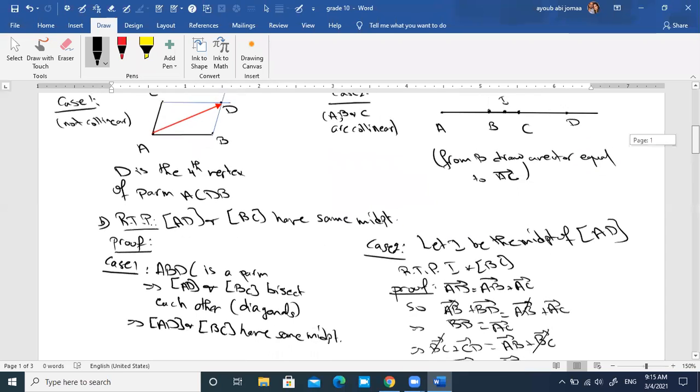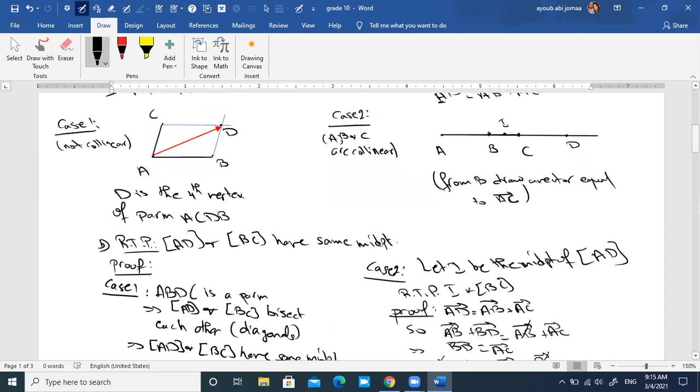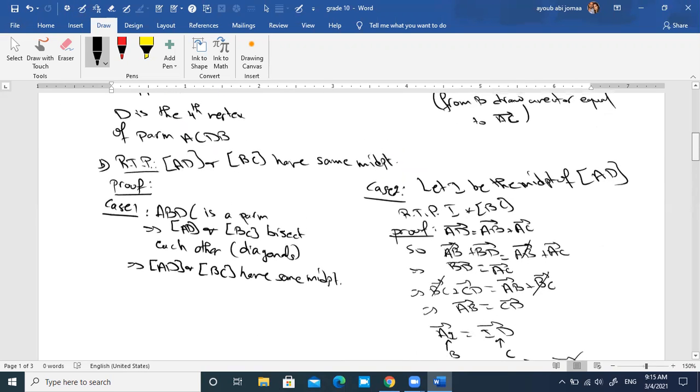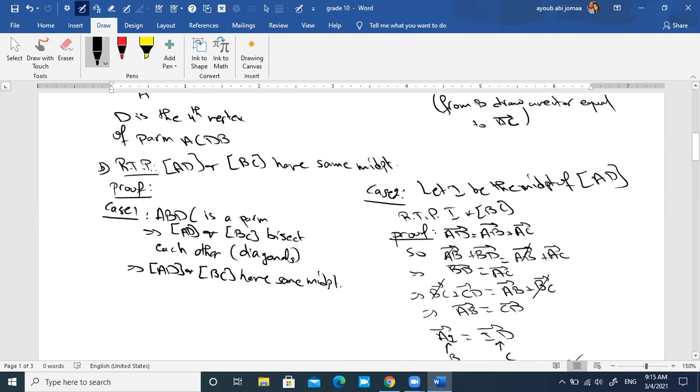So to repeat her method, she proved that AB is equal to CD. No need to follow these steps.